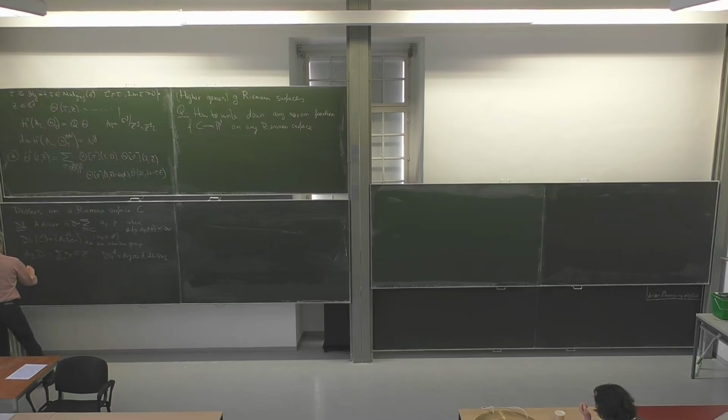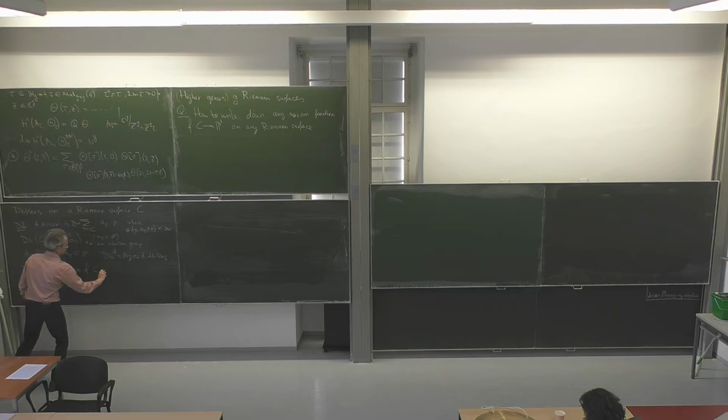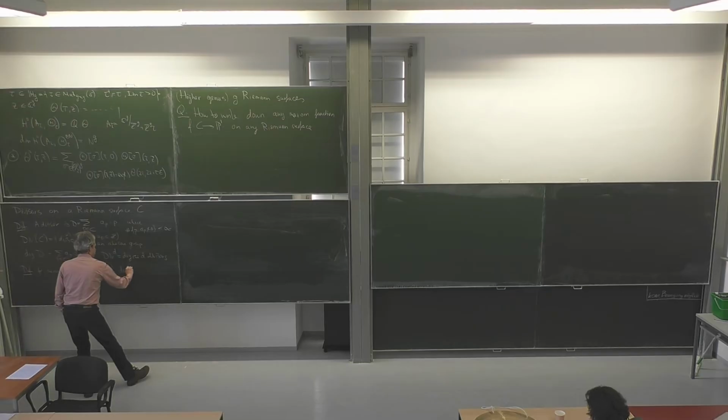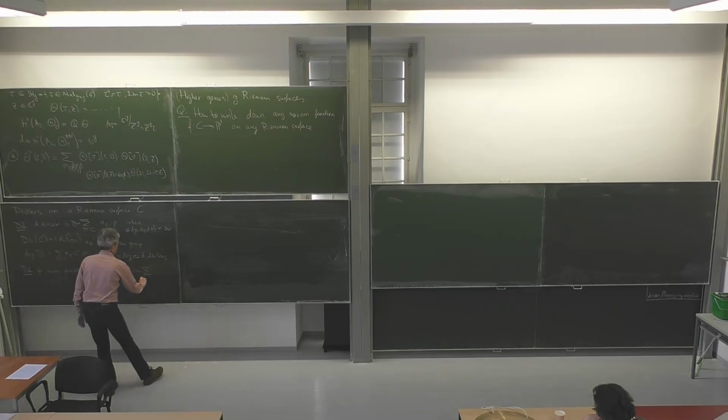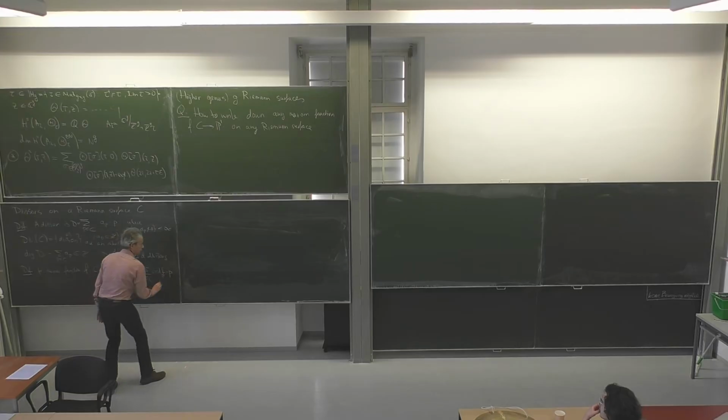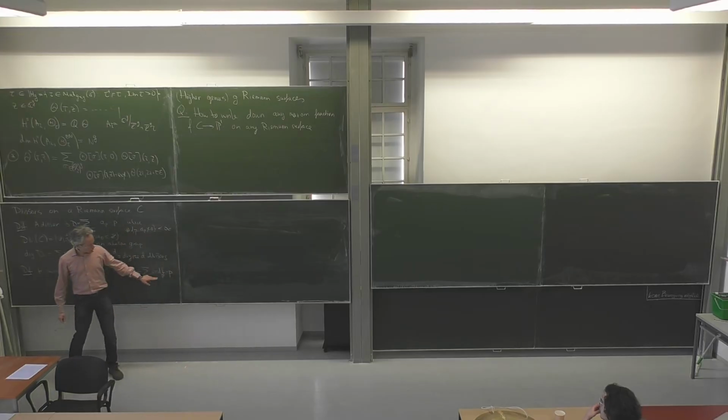Because you can define, for any meromorphic function f from C to P1, what is the divisor of f? The divisor of f is by definition just the sum over all points P in C of the order of f at the point P times P. Okay? What is this order?